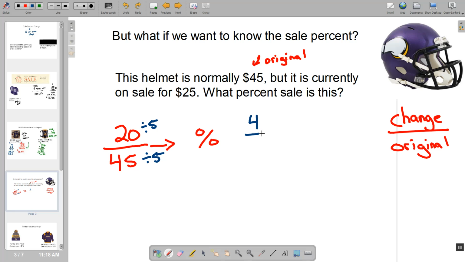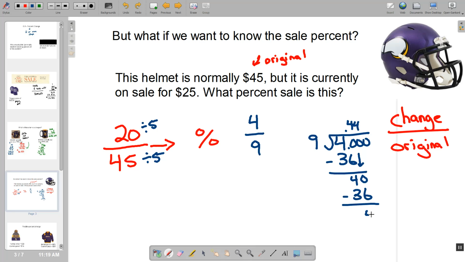So then I get 4/9 as my fraction, and now I'm going to do 4 divided by 9 to get my percentage. Okay, so 4 groups of 9 is 36. 4 groups of 9 again is 36, which means we're repeating from here.